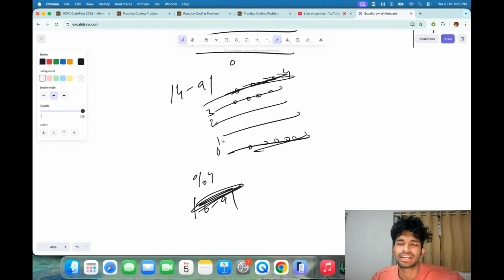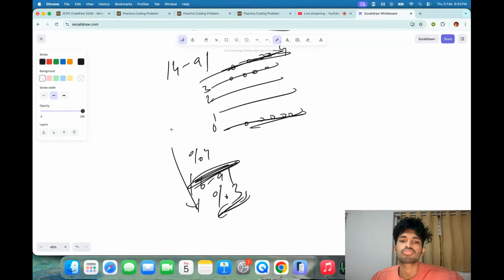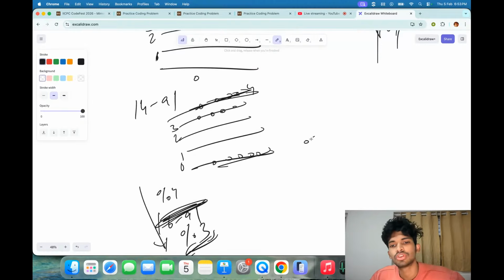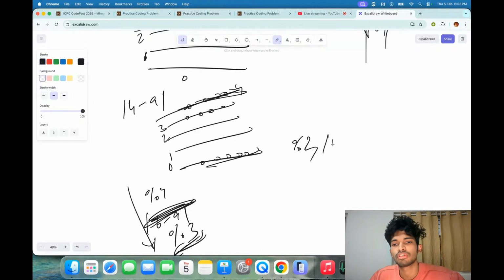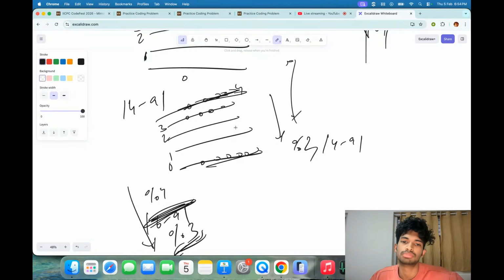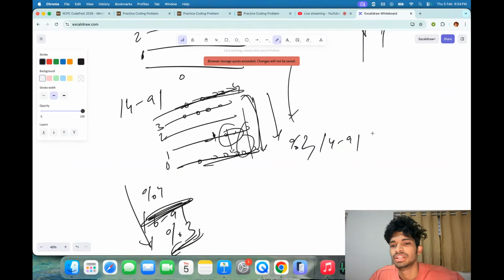You need not do that again. You can just do remainder 3 here. Done. So remainder 2, 4 minus a, and then remainder to make it 0, because the only problem was you cannot do remainder 1 to bring this down. So you're taking things above and then bringing them down. This is too simple.